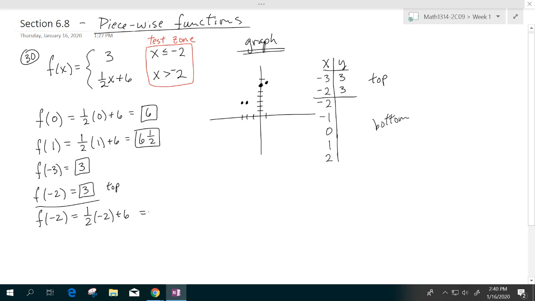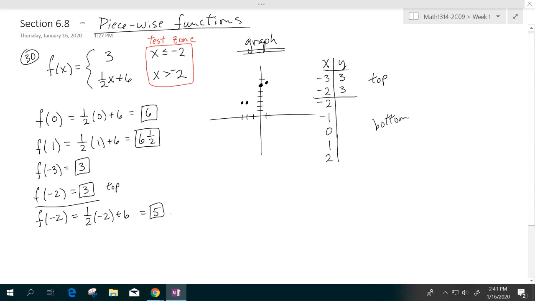If I plug negative 2 into the bottom piece, what is negative 2 times 1/2? What is 1/2 of 2? So that's going to be negative 1 plus 6. That's going to be 5.